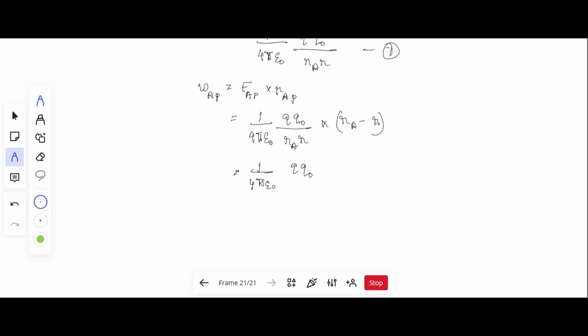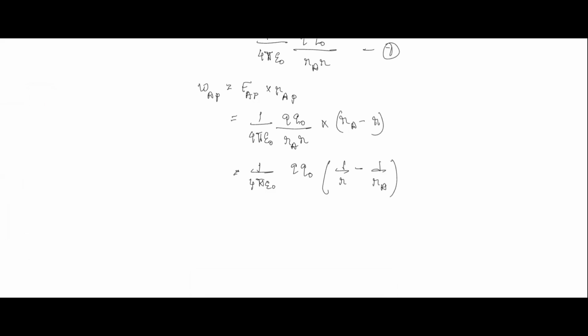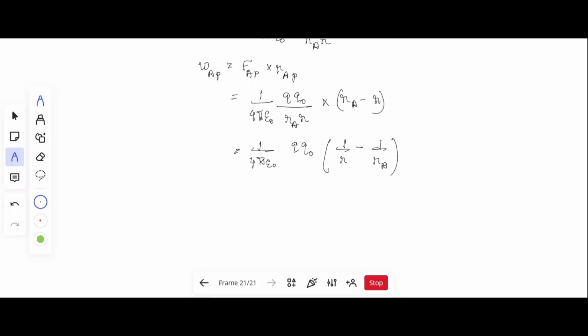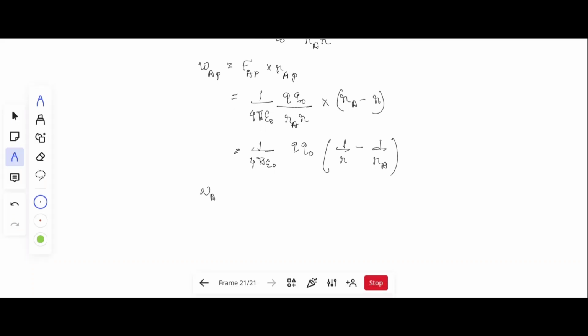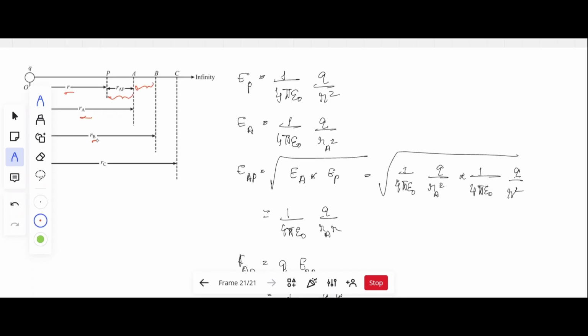So, taking this as the denominator, we get 1 by R minus 1 by RA. Similarly, the work done in moving this charge from point B to A can be written as WBA. This would be RB minus RA. Similarly, for point BC would be RC minus RB.